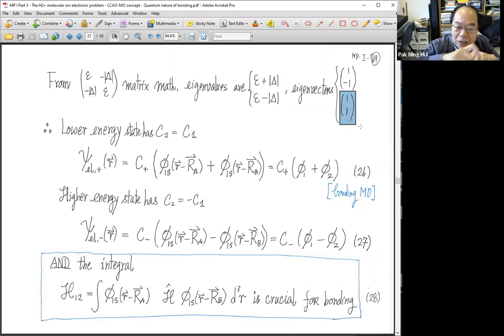I pull it out, that is called C plus, and that is the symmetry argument, what the symmetry arguments also gives. The other one, higher energy, the eigenstate is 1 minus 1. That is the case where the coefficients are the same in magnitude, but off by a sign.